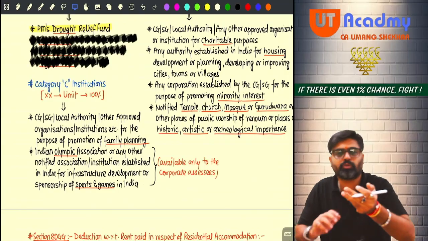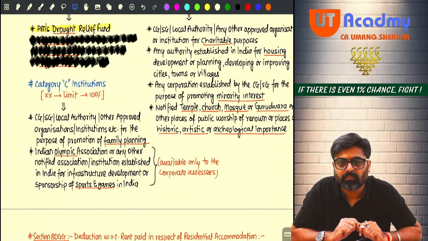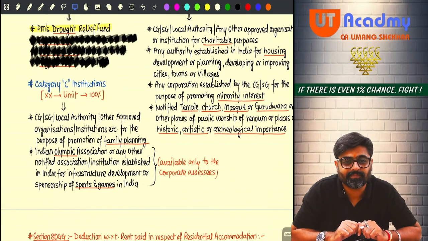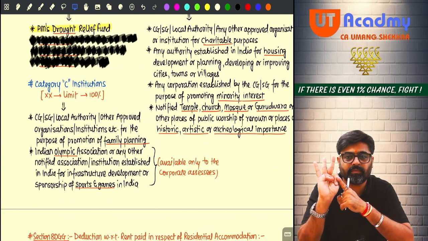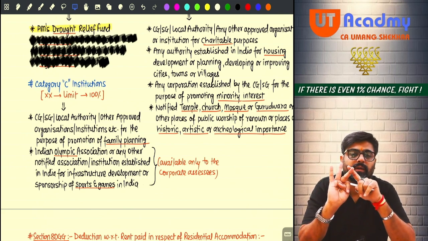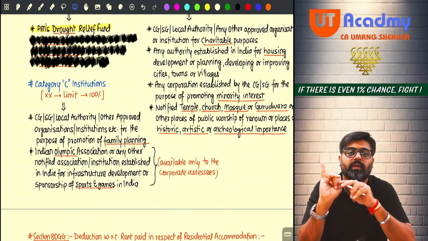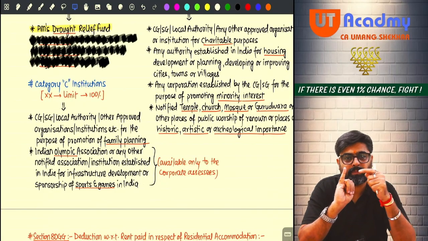That money will be used for the repairs, cleanliness, etc. of these places. But the money donated by you will be eligible for deduction under ATG. Getting my point, everyone? So, four things you are supposed to remember: charitable purpose, infrastructural development and housing development authority, then minority interest, public places of worship and tourism.